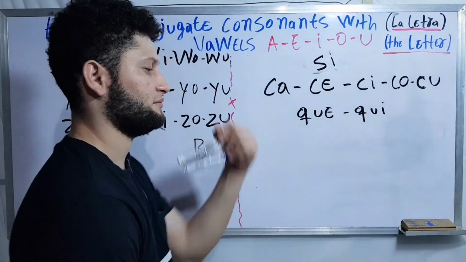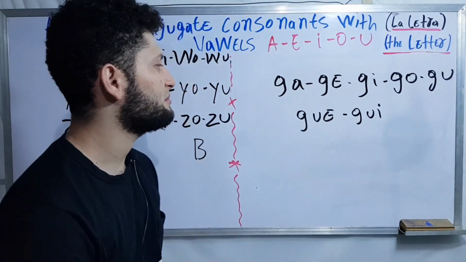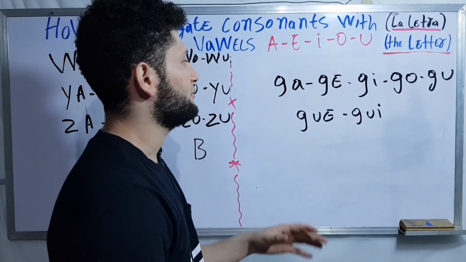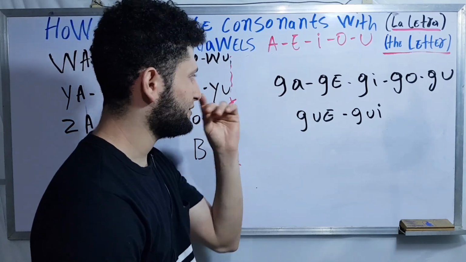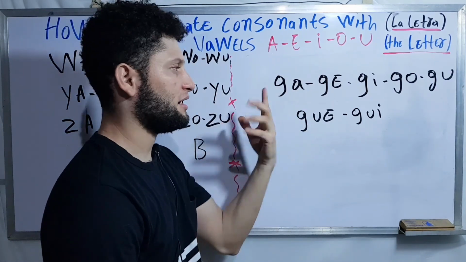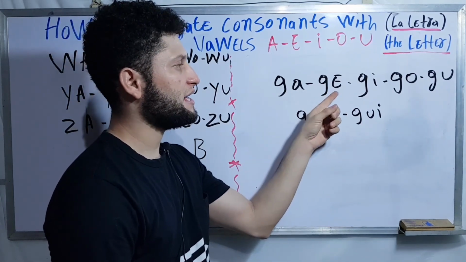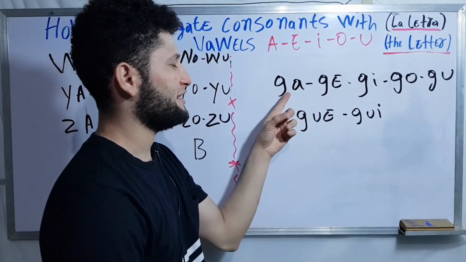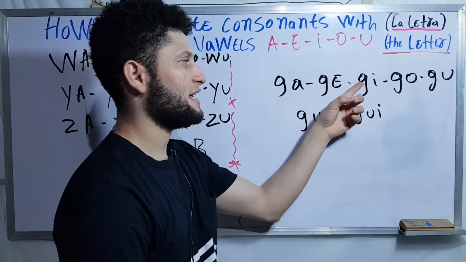Okay guys, this is the other explanation you need to know about how to conjugate consonants with vowels. I will remind you of the pronunciation: ga, he, go, gu. If you notice, ge doesn't sound like he.